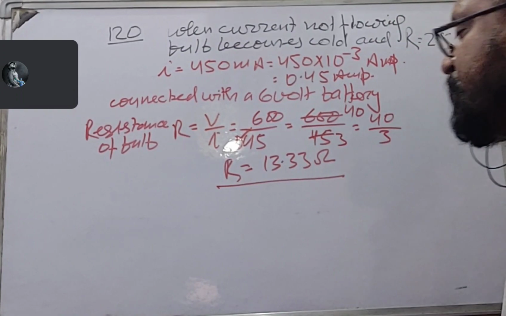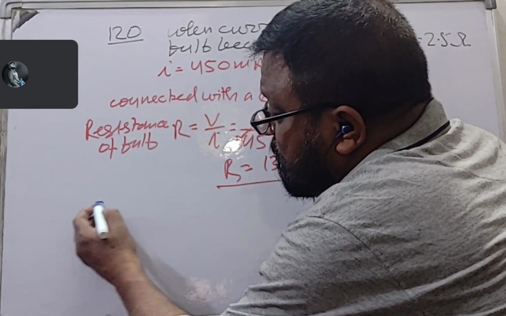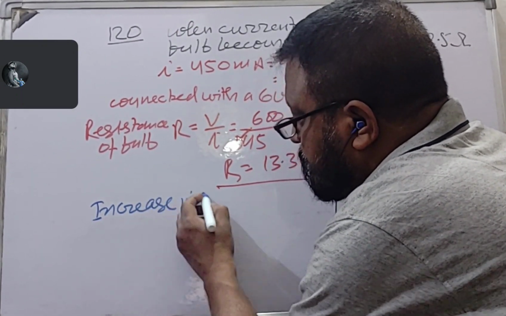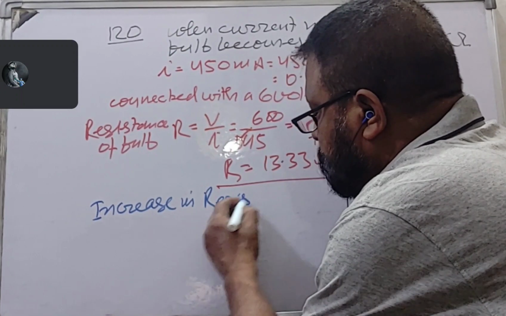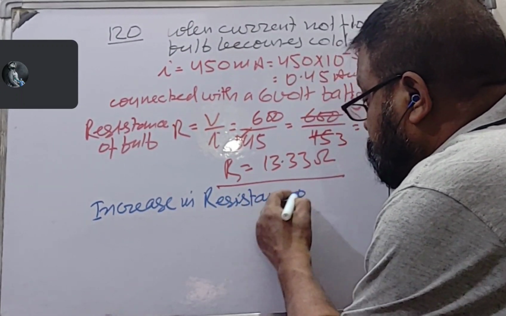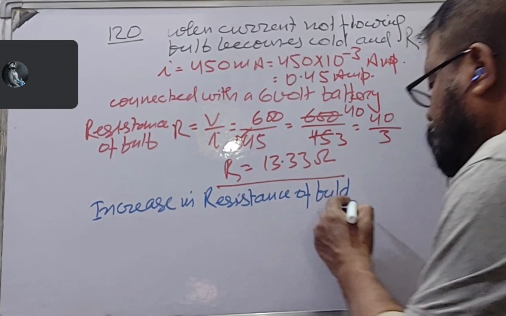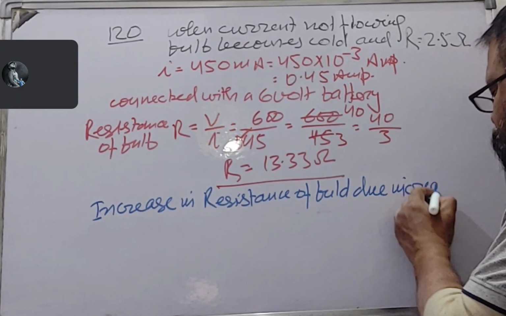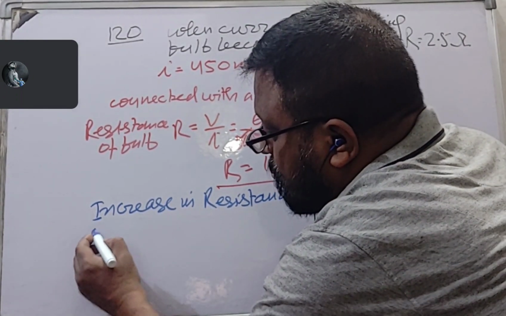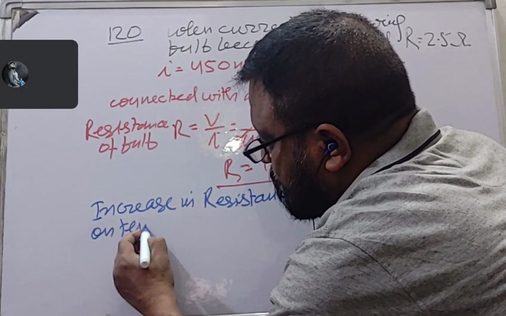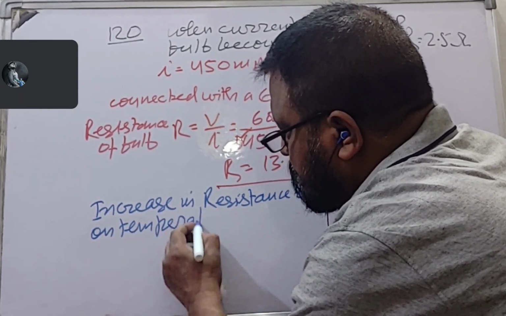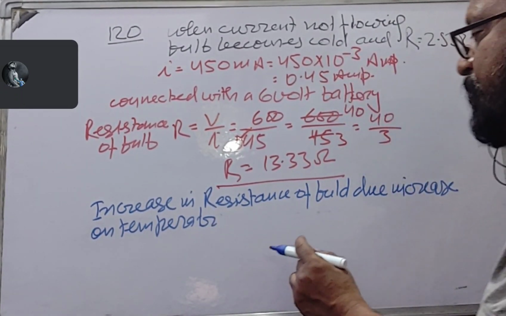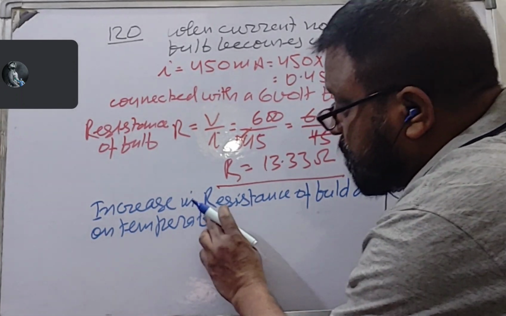So the increase in resistance of the bulb is due to the increase in temperature, right?